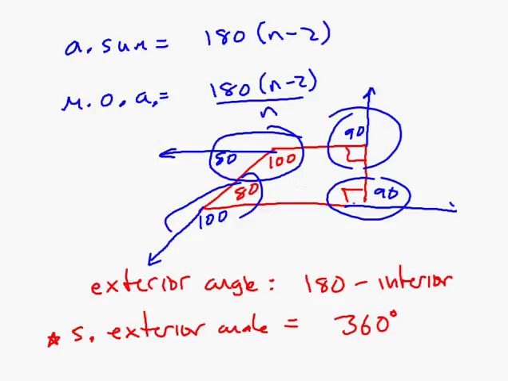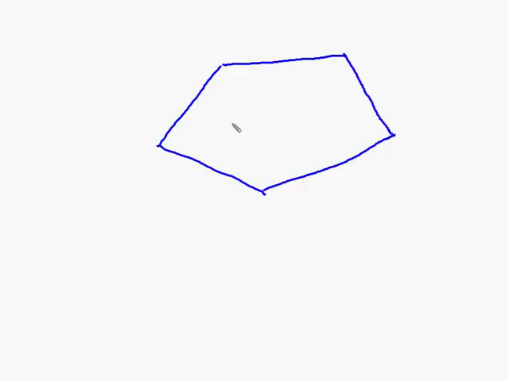All right, let's do an example where we have to use angle sum for something other than just finding the angle sum. So here's a pentagon. Let's say this is X. Let's say this is 100. Let's say this is 120. Let's say this is 110.